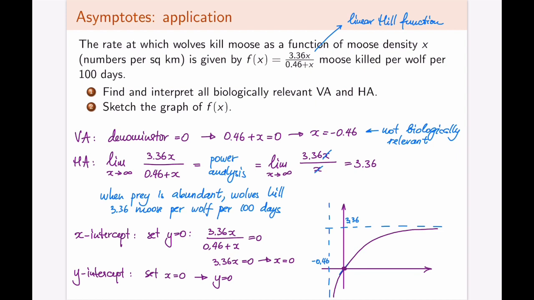Okay, so all excellent news, and here we have another usage of the linear hill function, except for now we're able to discuss its end behavior in terms of horizontal asymptotes, and also think about the vertical asymptotes that are present if they are in fact biologically relevant.